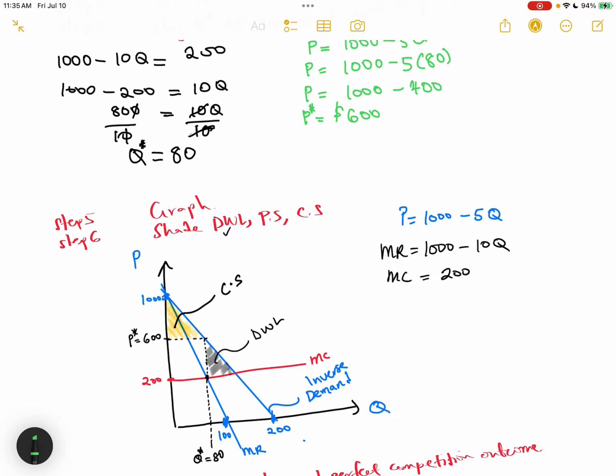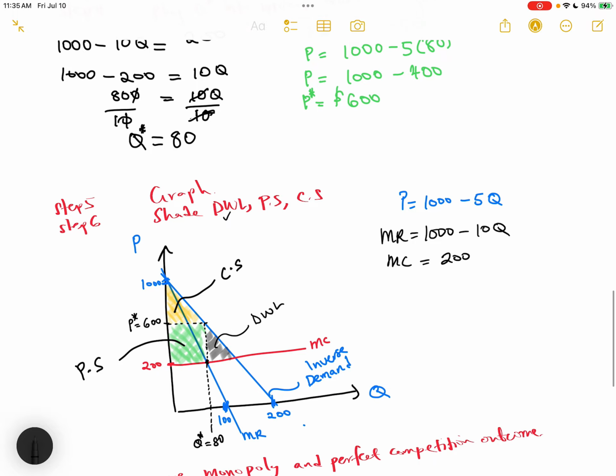So let's shade that. I do have the right color. That's the green shaded area. Let's label that producer surplus. Producer surplus is the area below the price 600 but above the marginal cost curve.